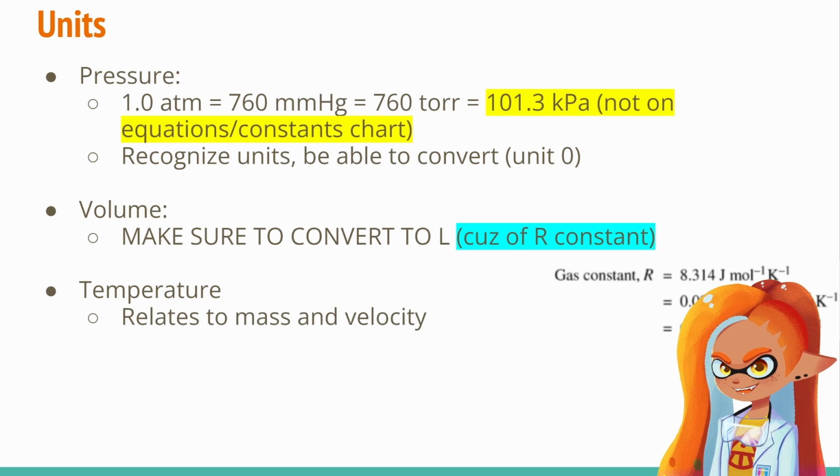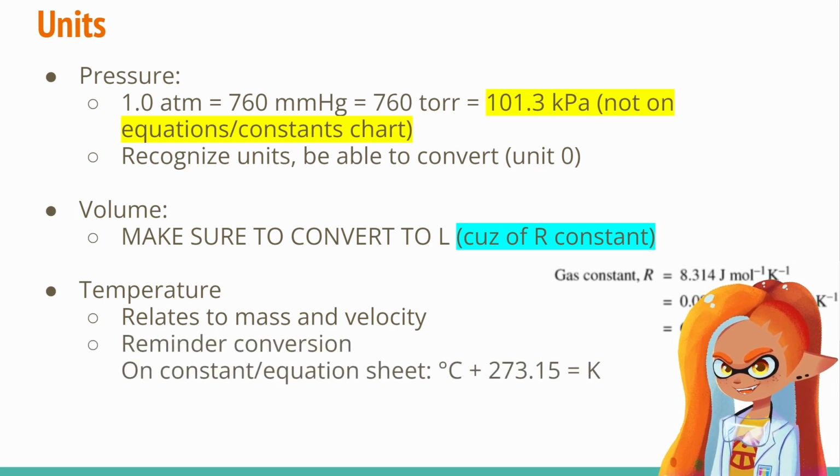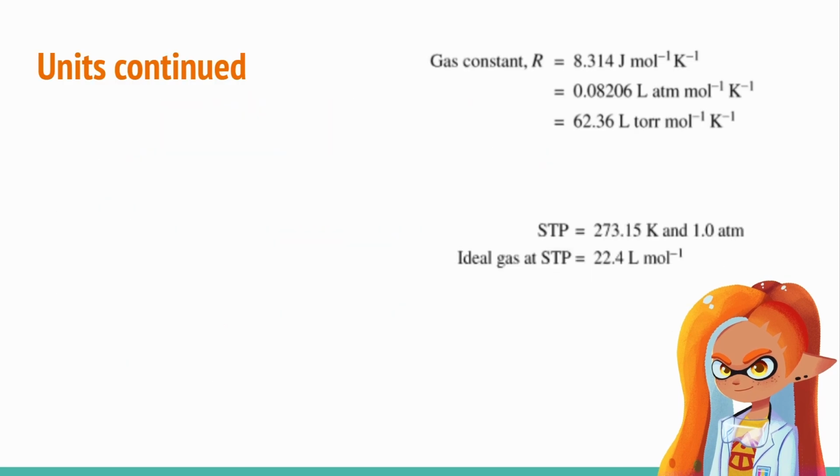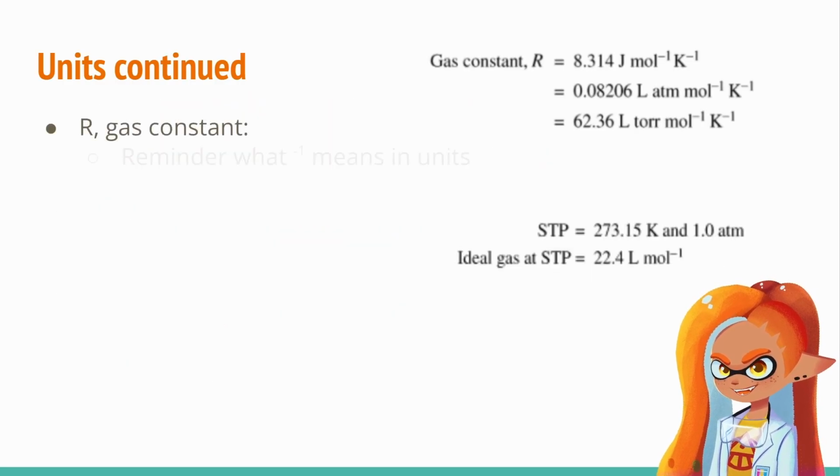Temperature is related to mass and velocity, because you have the speed at which the particles are moving and how much mass they have, and you want to make sure that you convert it. It is on the constant equation sheet, so if you're given degrees Celsius, you just convert it to Kelvin and you're good.